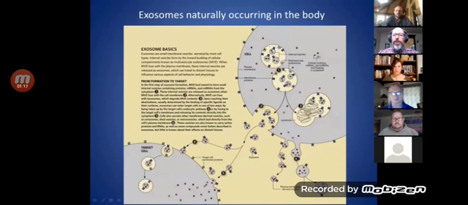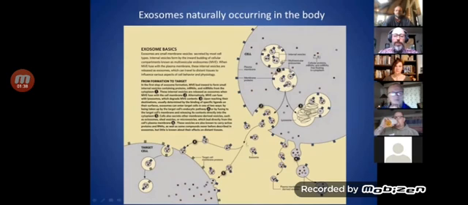So while they're inside the cell, they're called MVEs, which stands for multivesicular endosomes. So in other words, they have a bunch of exosomes or vesicles inside them. And they release these on a regular basis, just day to day. And there are many things, though, that can induce this process and accelerate it and increase the number of exosomes that it releases outside of the cell.